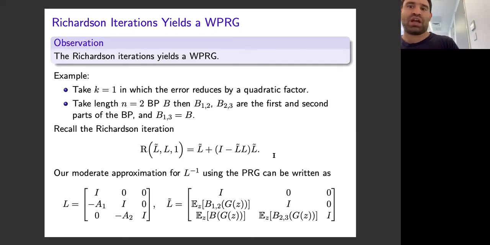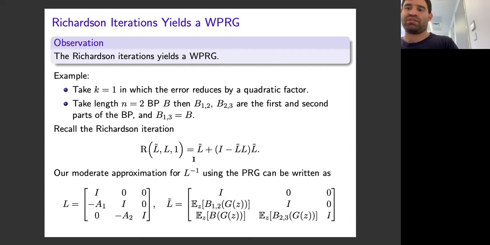So let's look at a very degenerate example in which we take one iteration for a length 2 BP. Again, this is really degenerate. So your BP has two halves. This is the first half, this is the second half, this is the entire BP, the two-step BP. And one iteration of the Richardson iterations looks like this.